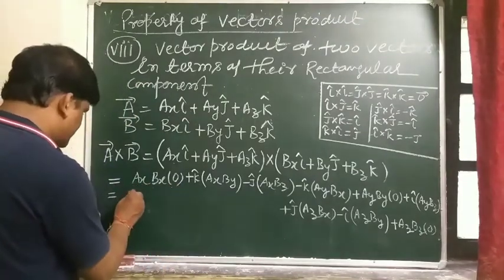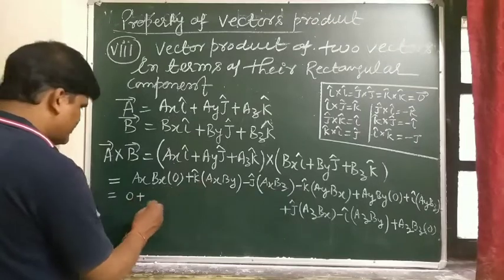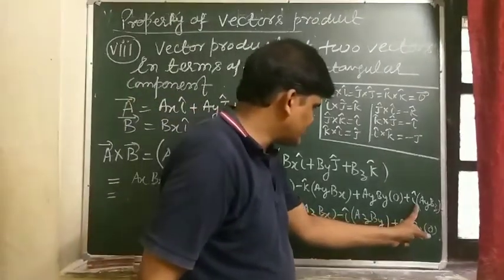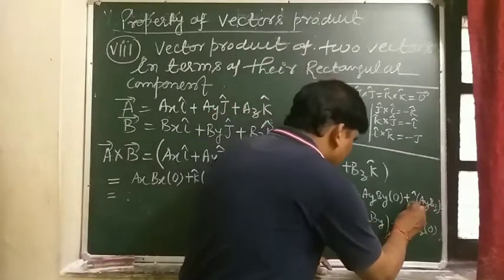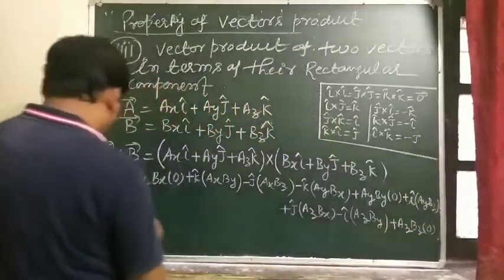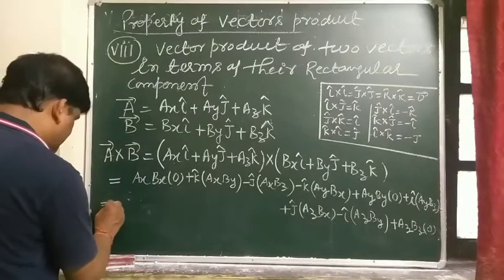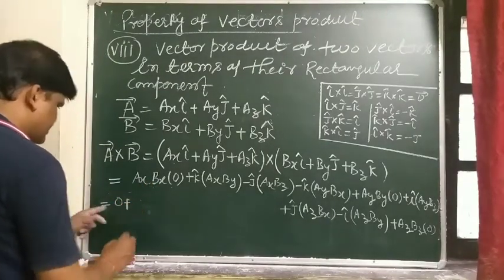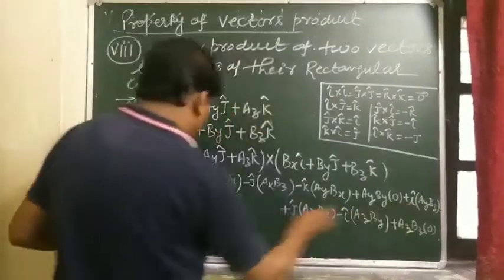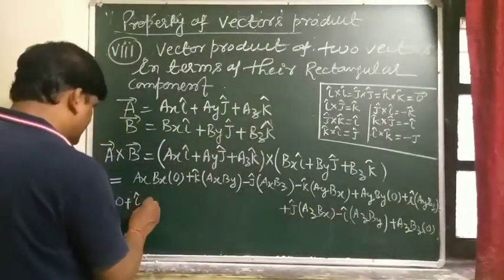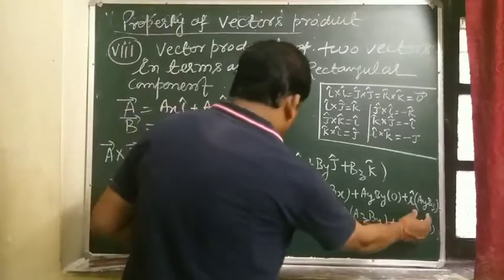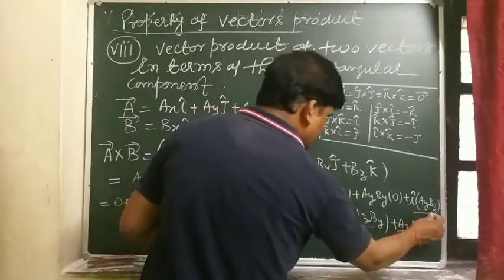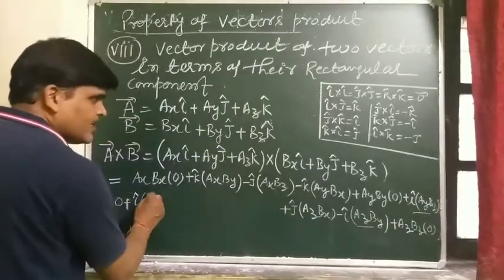So we write 0 plus i cap. This term is taken to be 0, plus we write i cap common here, and i cap here also.